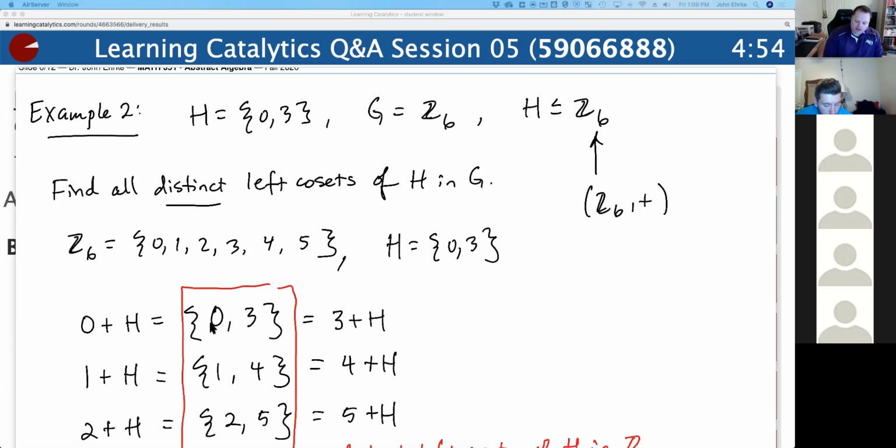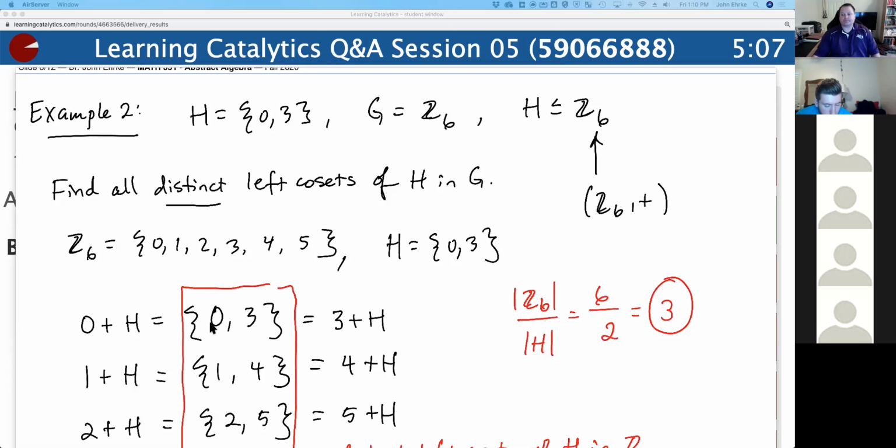And that's not surprising because the order of Z6 divided by the order of H, Z6 has 6 elements, H has 2 elements. We expect there to be 3 cosets.